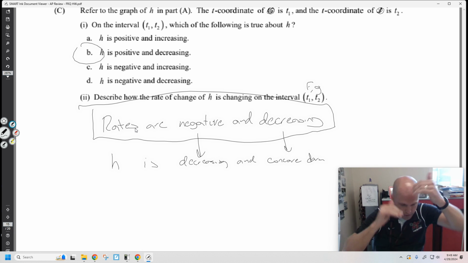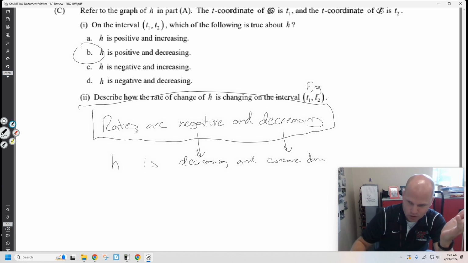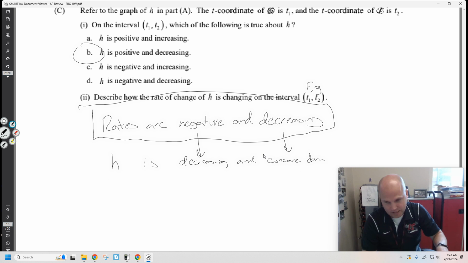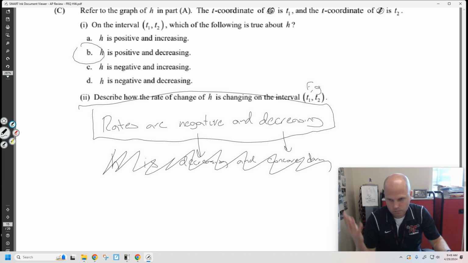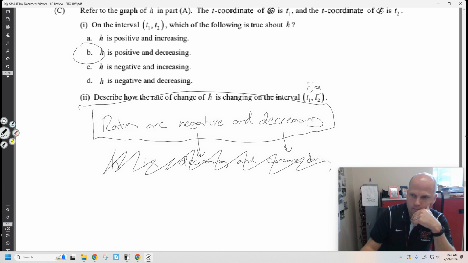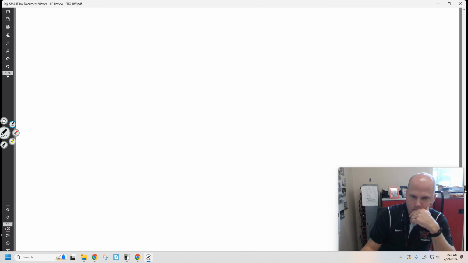What you will lose a point on is trying to be too cute with it. If you say the rates are negative, decreasing because concave down, and you don't specify the rates are negative because H is decreasing, the rates are decreasing because H is concave down. Honestly, leave this statement off and you're safe. All right. That's question 3. Let's jump into question 4.